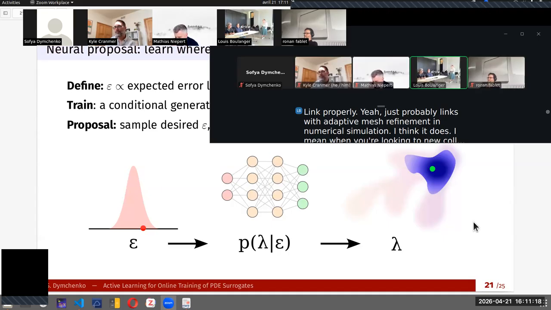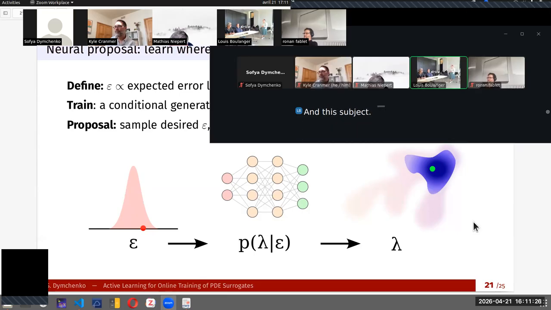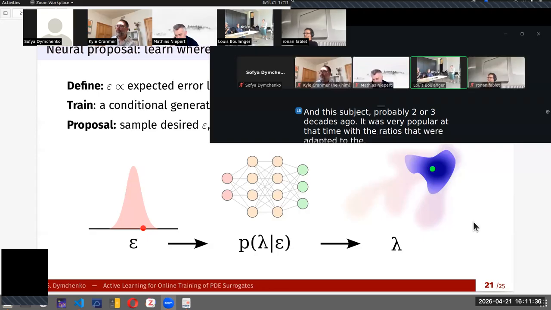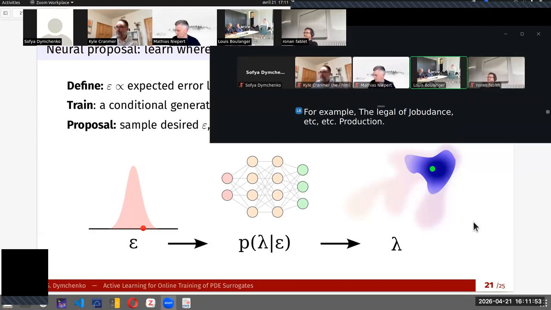Exactly. There is an enormous scientific literature on this subject, done probably two or three decades ago. It was very popular at that time, with criteria adapted to the application. For example, in fluid mechanics, many criteria were adapted to the level of turbulence, and so on, to know where to put your collocation points. So perhaps there are some ideas there.